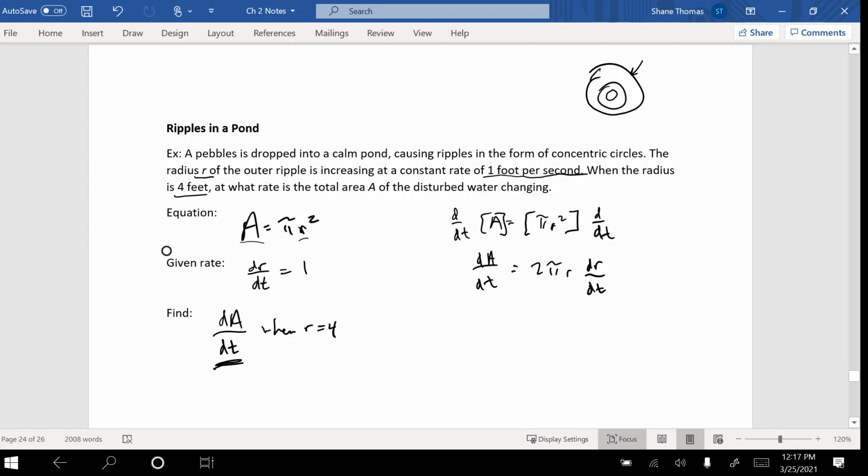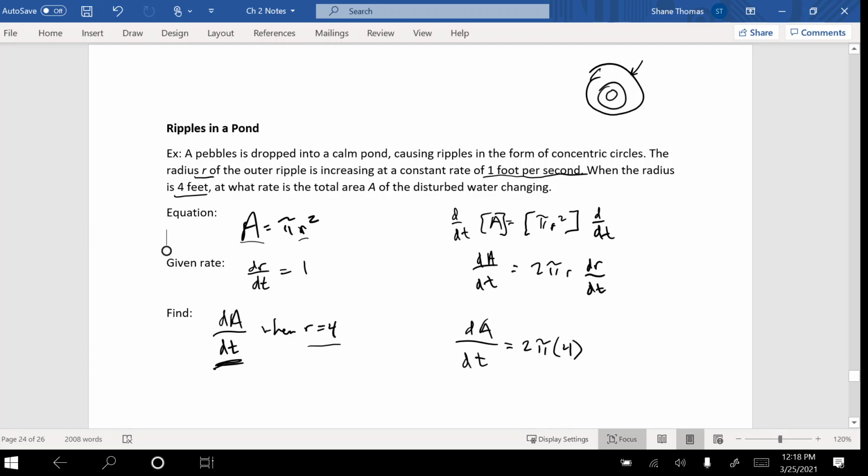So now I can take that rate that I just found, and I can plug in what I know. So I have 2 pi r. Well, I'm worried about when the radius is 4. So we'll put a 4 in there for the radius. And we know the given rate of the related rate, correct?